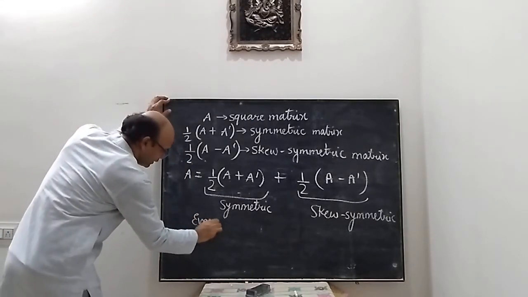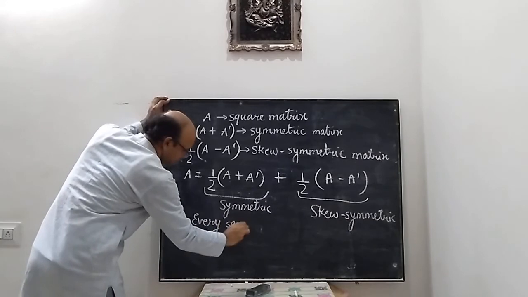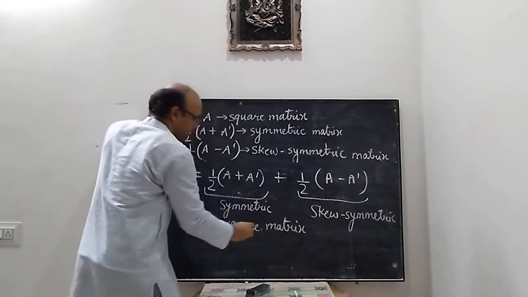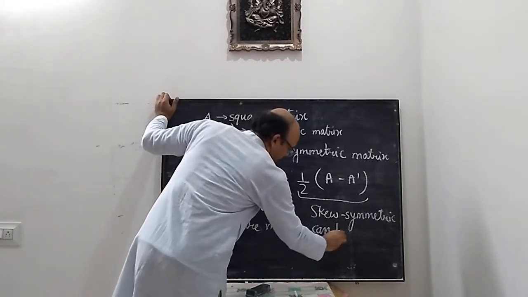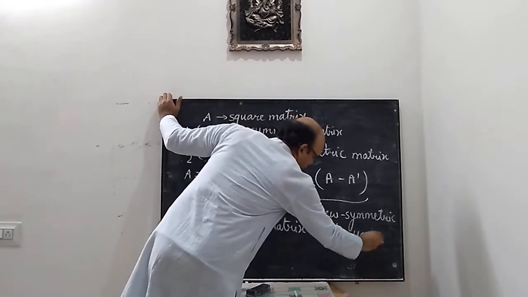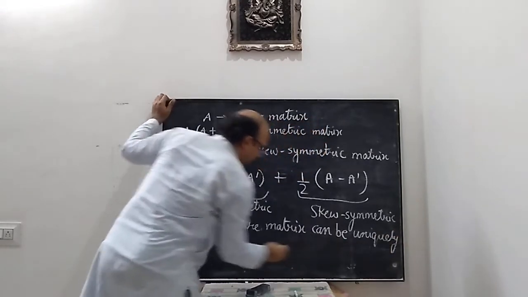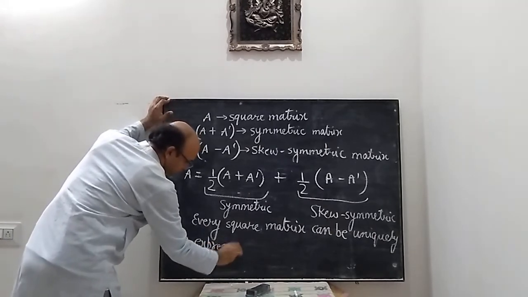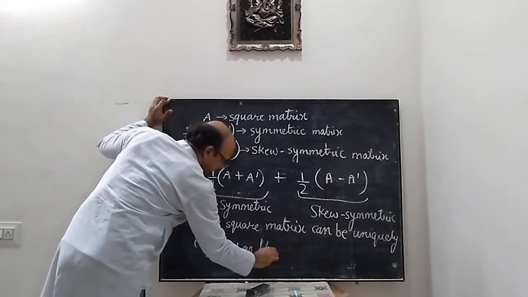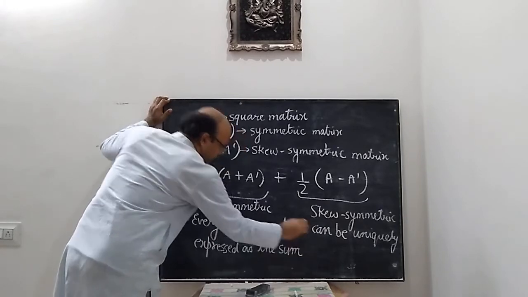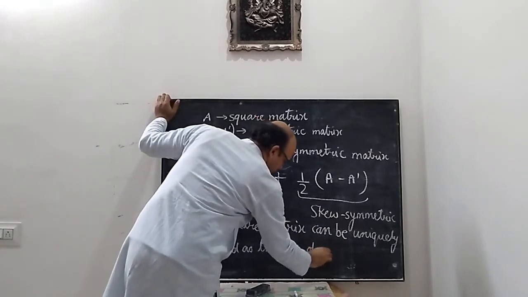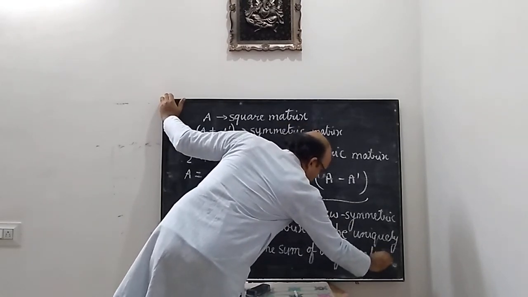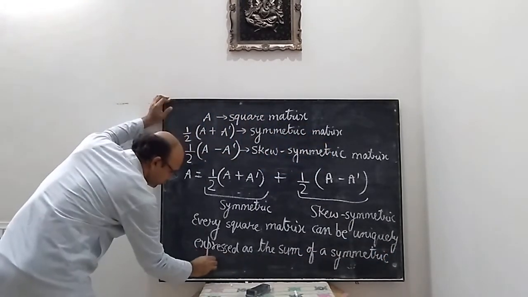So we write it as: every square matrix can be uniquely expressed as the sum of a symmetric and a skew symmetric matrix.